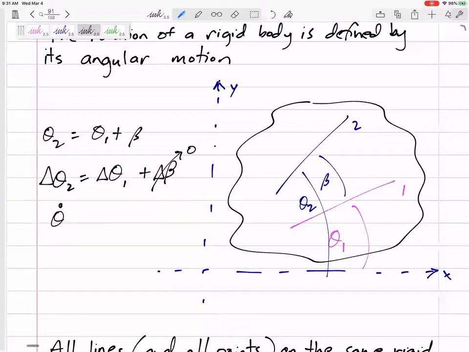And so if we take that, theta 2, theta 1, the change per time has got to be the same. It's got to be the same theta dot. It's got to be the same second derivative, the rate of the change of the orientation.